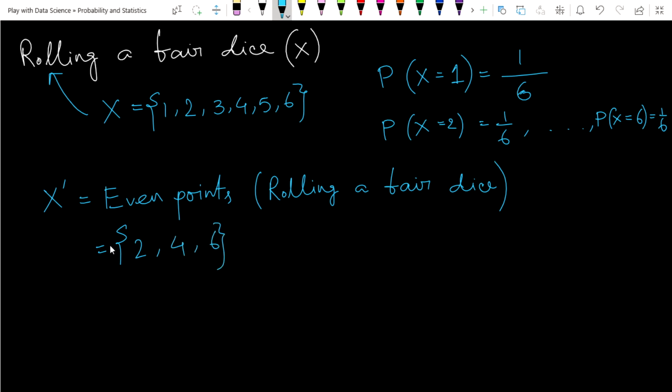Based on this experiment, what will be the probability? The probability of x dash: our experiment x means rolling a fair dice, and only even points occur. In total we have 6 points, and of these 6 points, x dash occurs only 3 times.